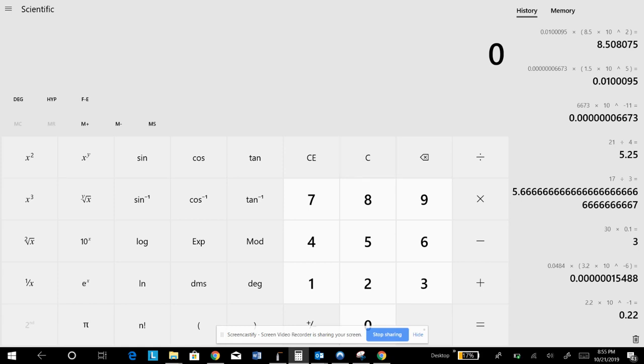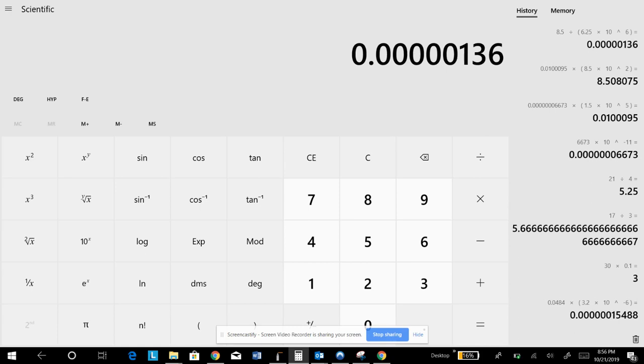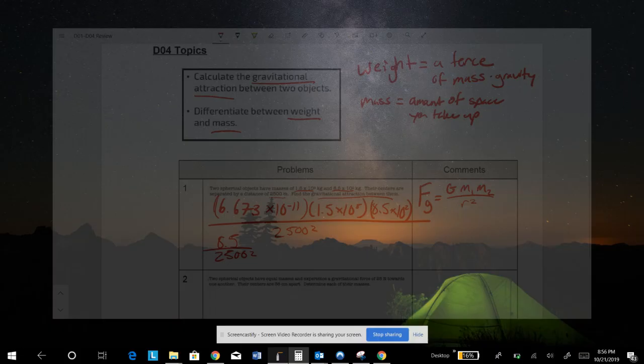So let's go here. And we had 8.5 divided by 6.25 times 10 to the 6th. And our answer should be 1.36 times 10 to the negative 6.